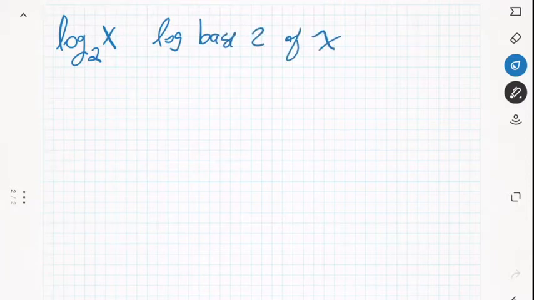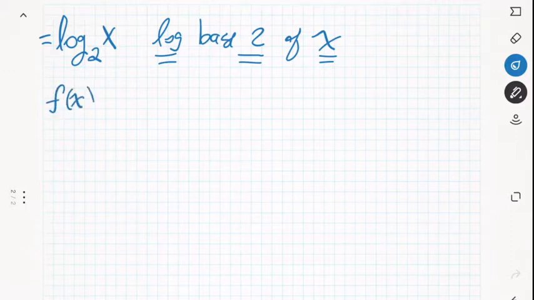And it literally is the same thing as the question I asked before. What power do you have to raise 2 to get to the specific answer of x? So it basically is just the question as a function. So we can write this as, off the page, f of x is equal to, and it's actually the inverse of the original f of x on the other page, log base 2 of x.